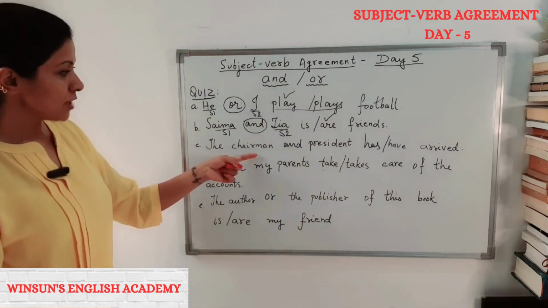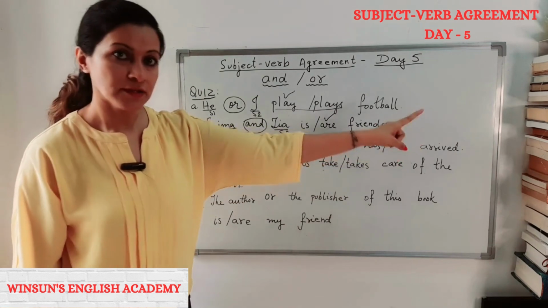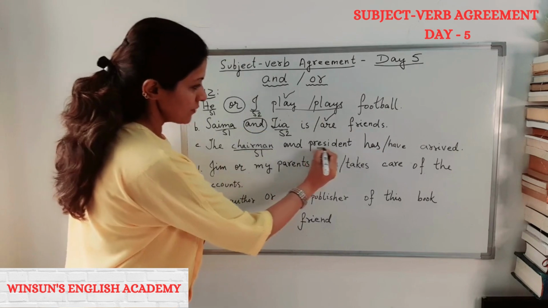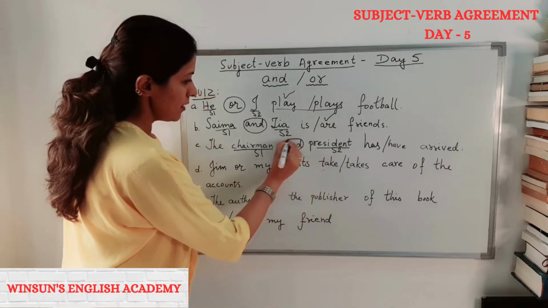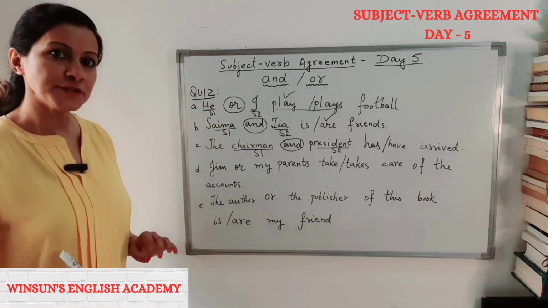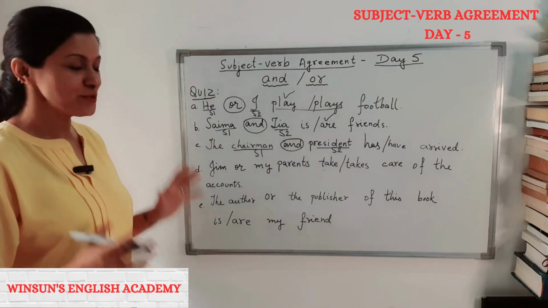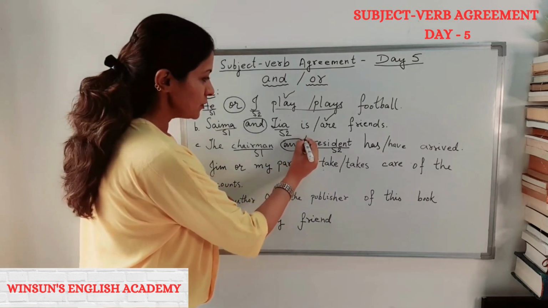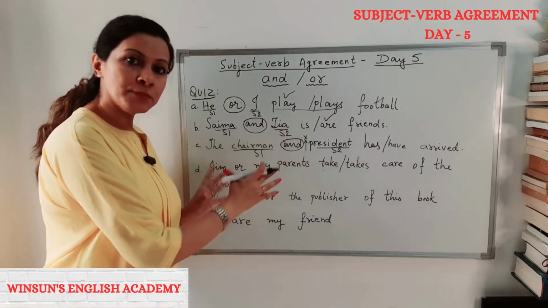Okay, the chairman and president has or have arrived. Now, we have our subject 1 here, we have subject 2 here, and they are joined by and. Anything different here? Yes, right. Those who have watched the previous videos know it for sure. There's no article here, which means we are talking about the same person.